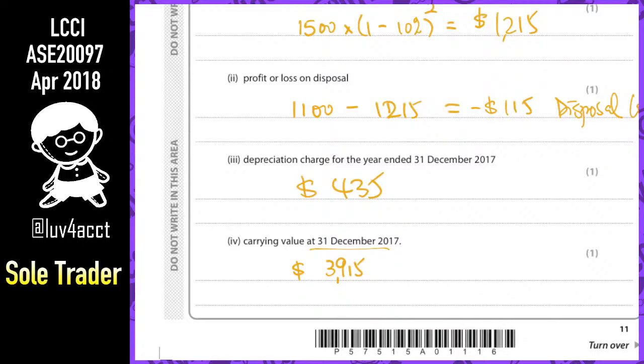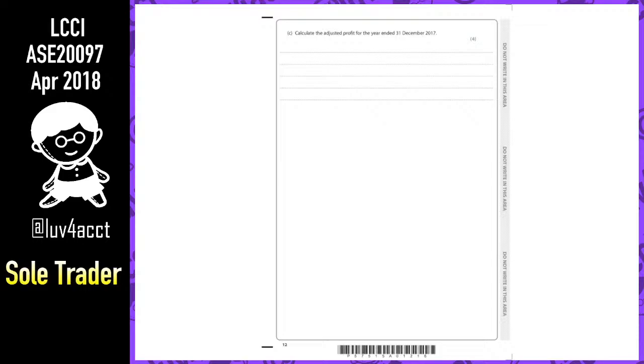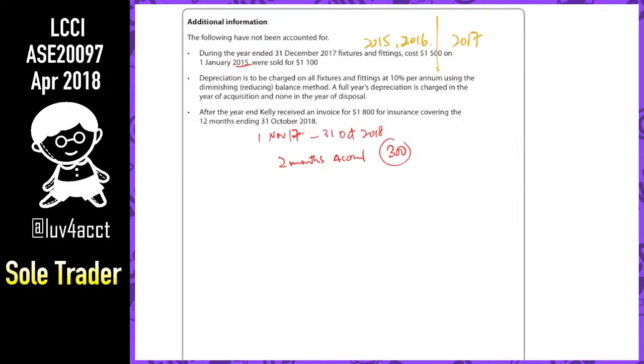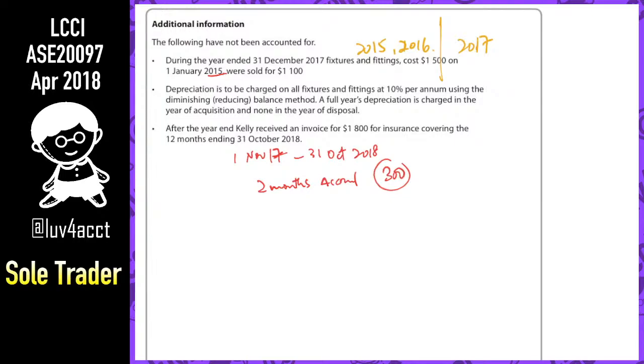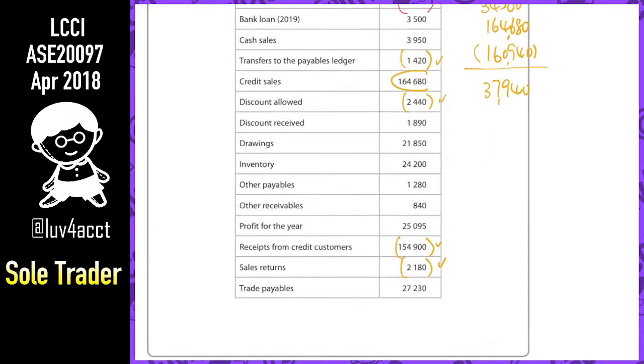Next we have to calculate the adjusted profit. There are I think 2 adjustments. Oh no, I think 3: one for disposal loss, for depreciation, and then for the accruals. So profit for the year 25095.